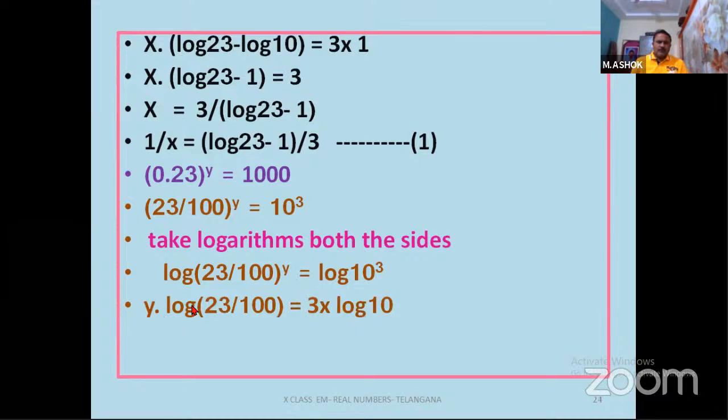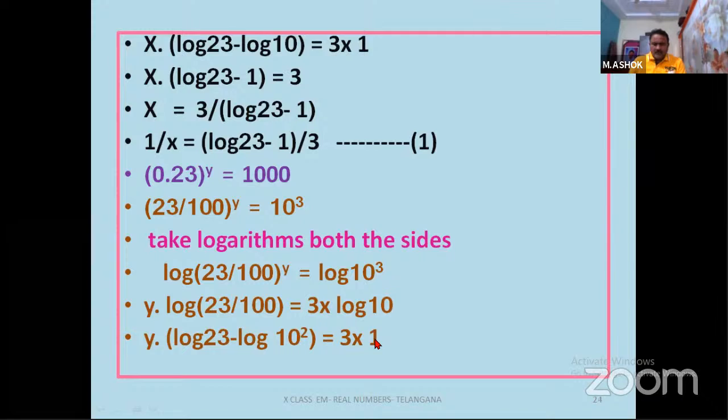So y into log 23 by 100 is equals to, it is now 3 into log 10. 10 cube means 3 into log 10. Okay, here log 23 by 100 means you have to apply the log x by y formula. Now it is y into log 23 minus log 100. So I am writing 100 as 10 square is equals to 3 into log 10.